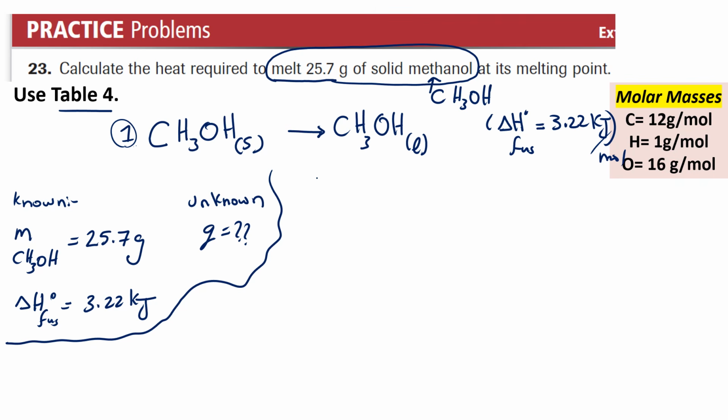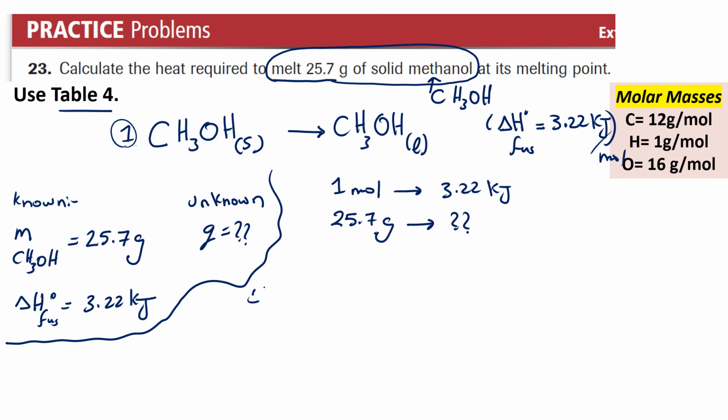So the first thing that we need to do, again, you know that 1 mole is going to give you 3.2, or you need 3.22 kilojoules to melt down 1 mole of methanol. If I have 25.7 grams, how much do you need?